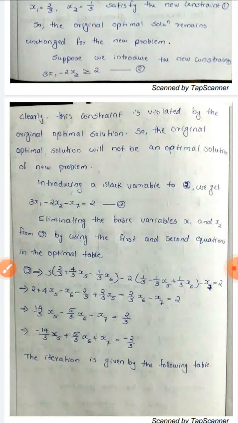Eliminating the basic variables x1 and x2 from equation 3 by using the first and second equations in the optimal table.